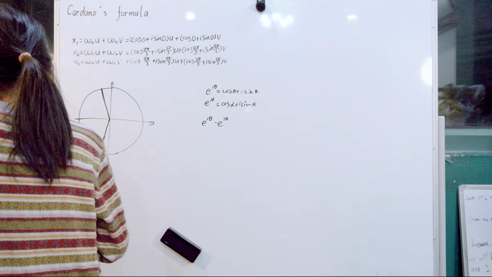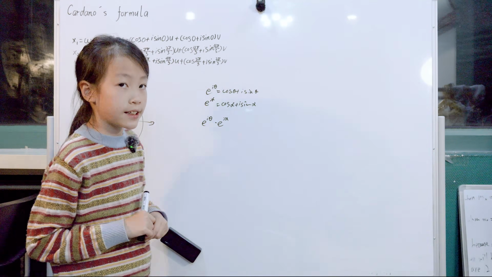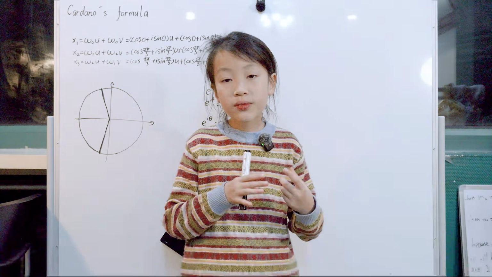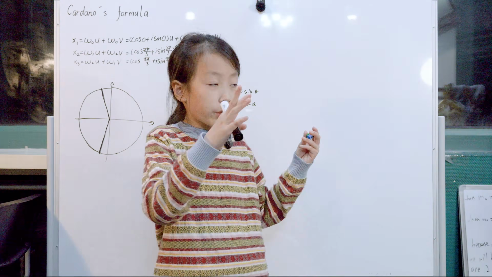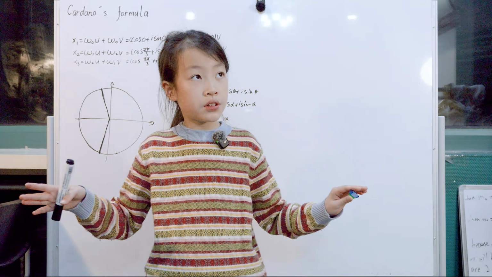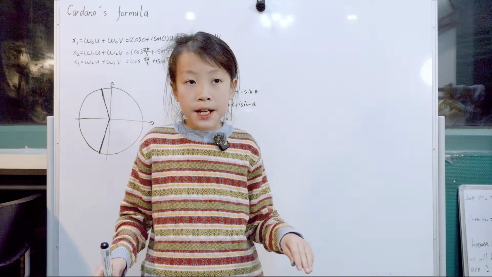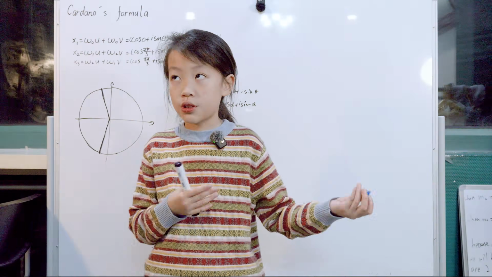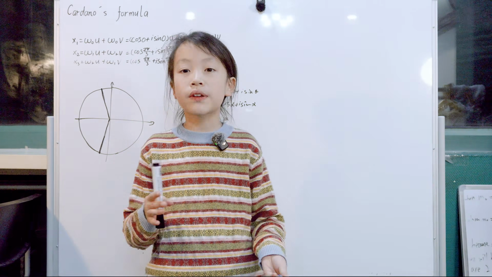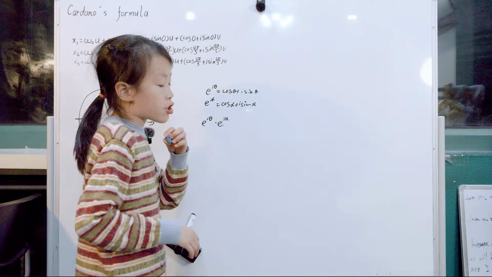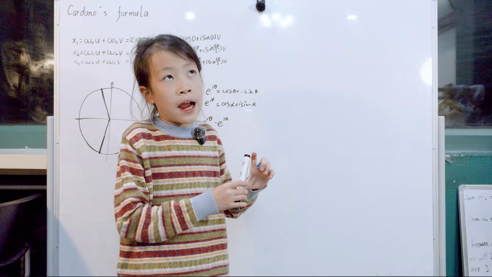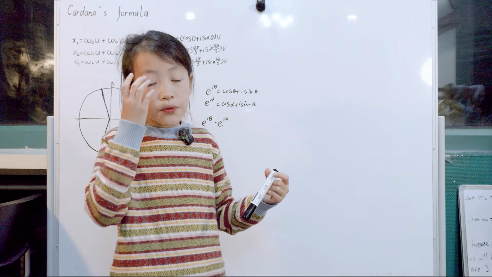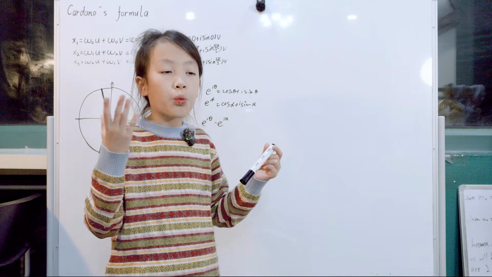So e to the i theta is what I normally write as a normal vector, and we just look at the modulus as 1, and the angle as part of the angle. So this is the alpha. First we see the angle, and e to the i alpha, we multiply it on. Then we will have what?